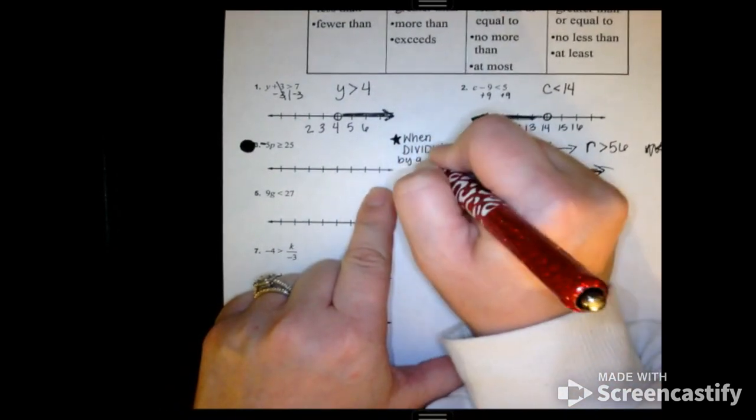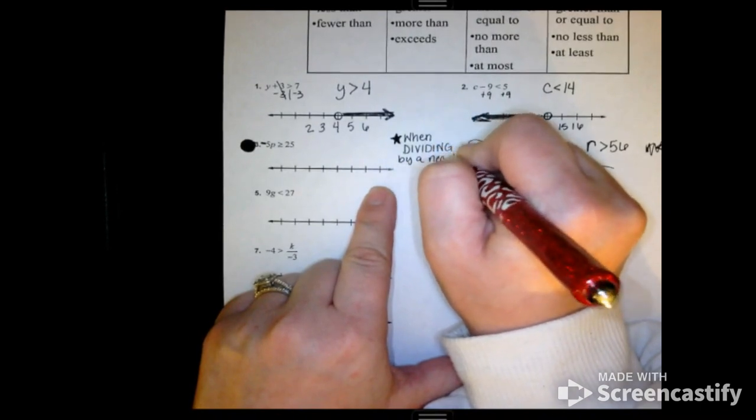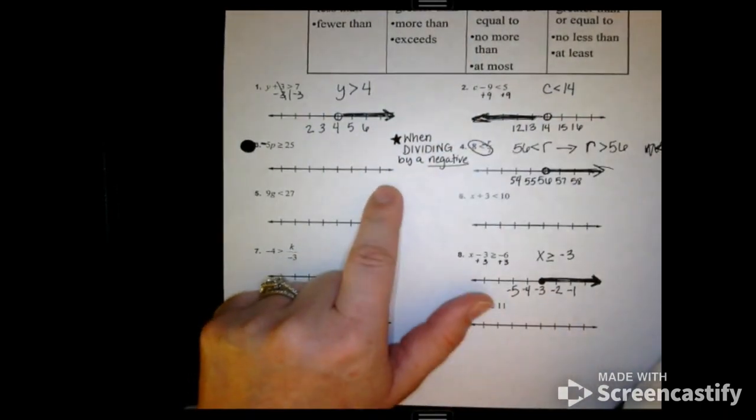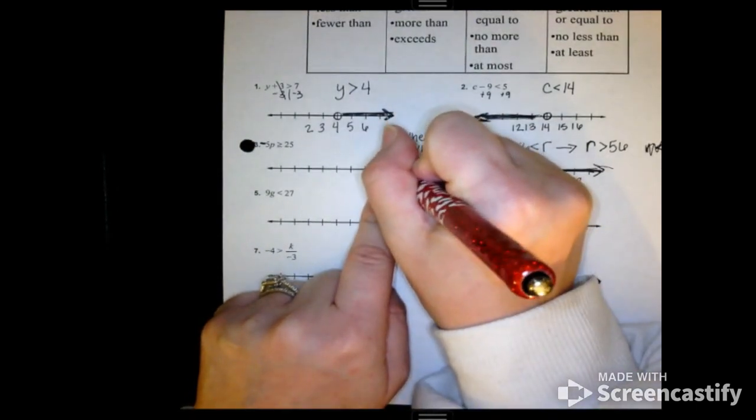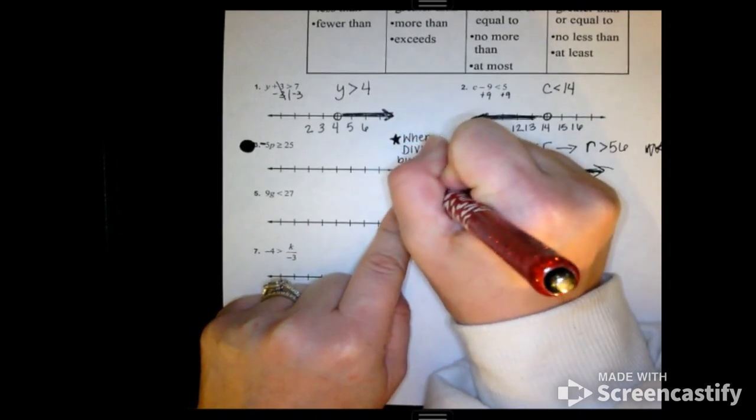So when dividing by a negative, you have to flip the sign. Okay, so it doesn't matter if you're multiplying by a negative, if you're adding or subtracting a negative, it is only when you divide. I'm going to give you a minute to write that and then I'll show you what that means. Only when dividing.